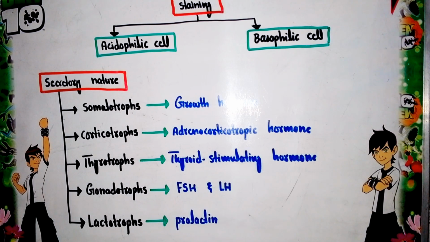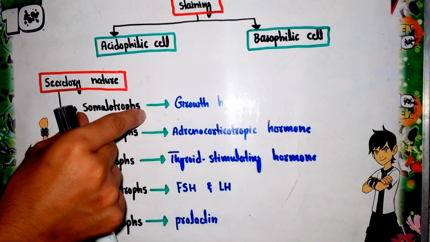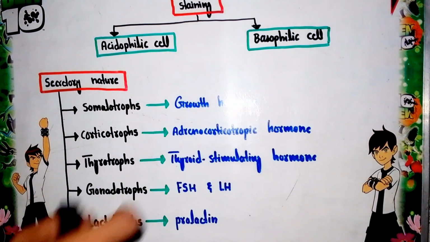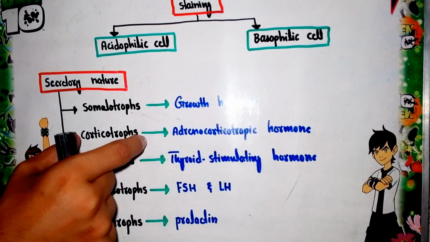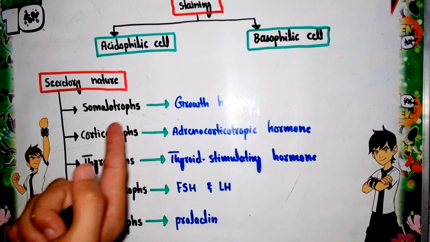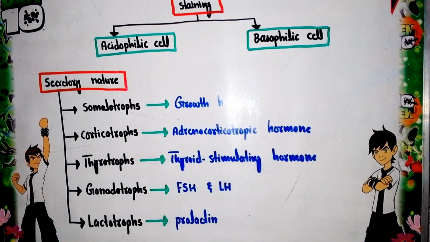The first is somatotrophs, which are responsible for the production of growth hormone. The second is corticotrophs, responsible for the production of adrenocorticotropic hormone, which acts on the adrenal cortex and controls its secretions.